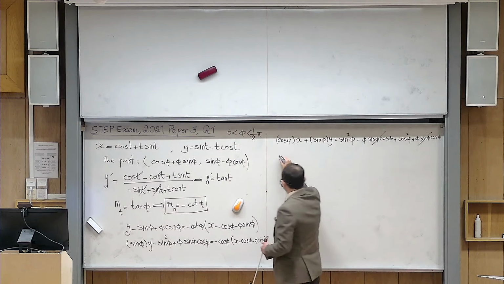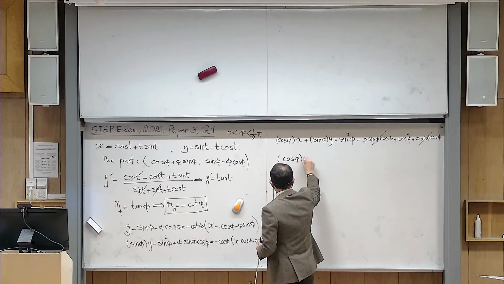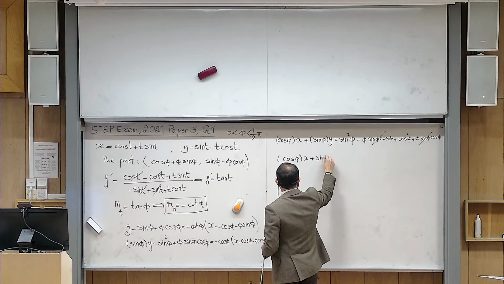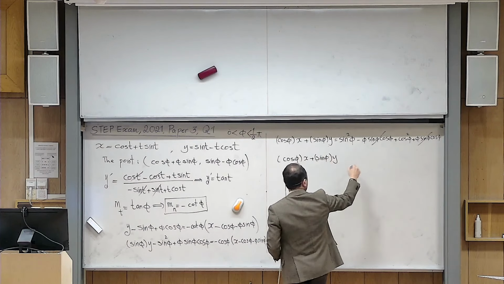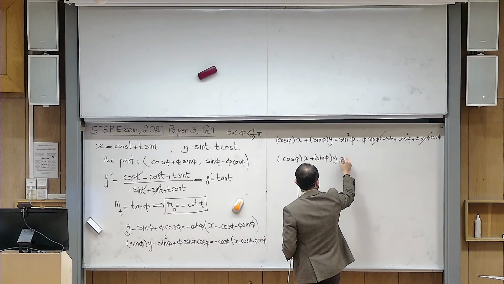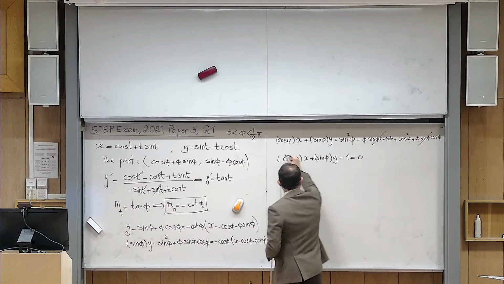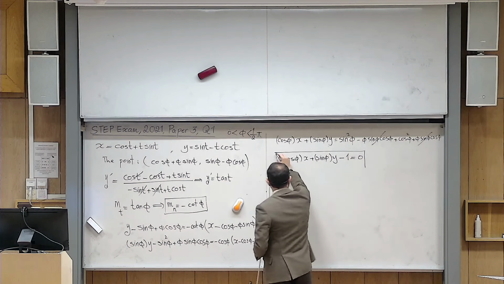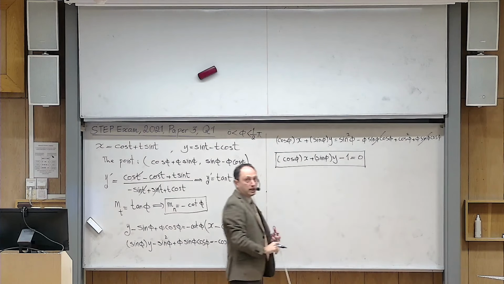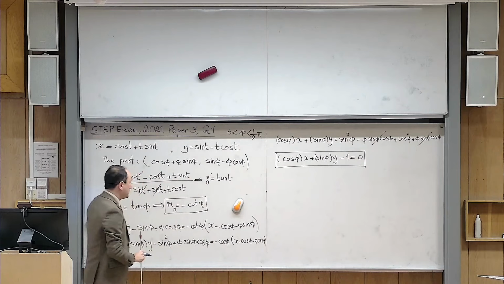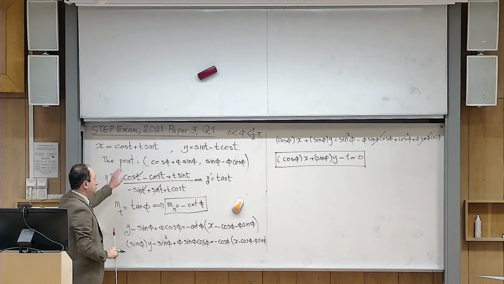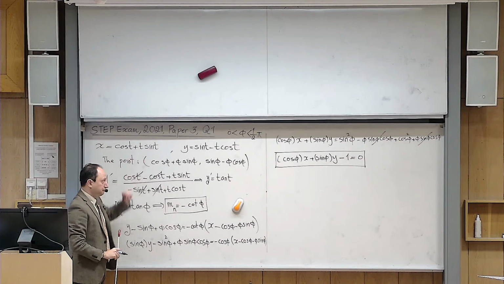So what I get is this. Is equal to 1. If you want to, I can move it to the other side. Minus 1 equals to 0. Okay, so that is actually an equation for the normal line for this new parametric curve.